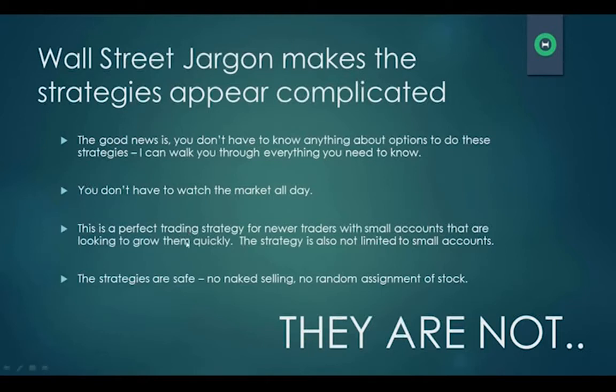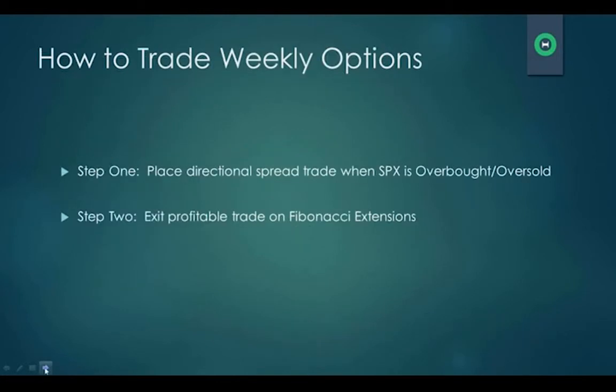This is a perfect trading strategy for newer traders with small accounts that are looking to grow them quickly. But the strategy is not limited to small accounts. These strategies are safe. There's no naked selling. There's no random assignment of the stock. And this is what we do. Two steps.